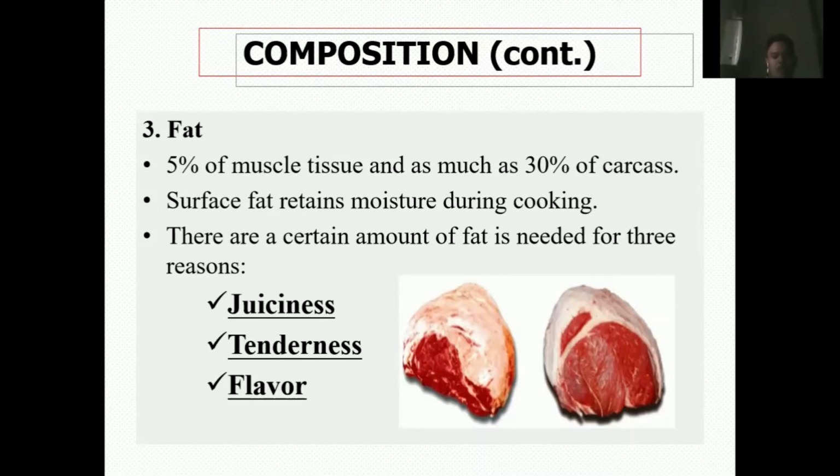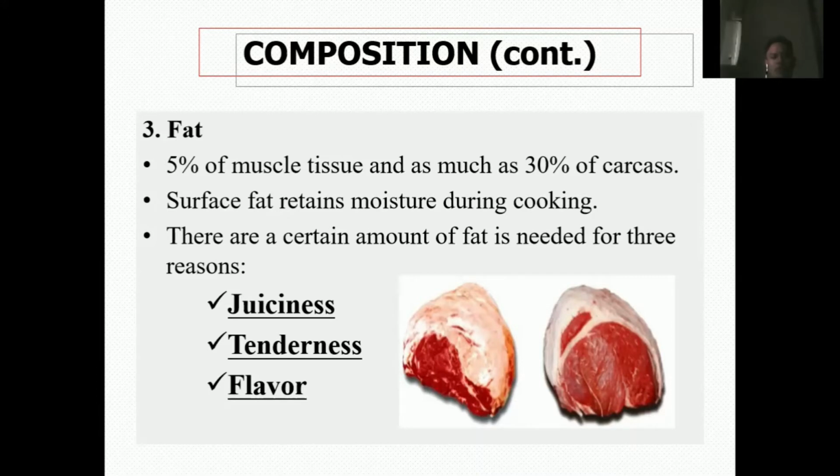Because of health and dietary concerns, many meat animals are being bred and raised with lowered fat content, and there's also a certain amount of fat needed for three reasons.